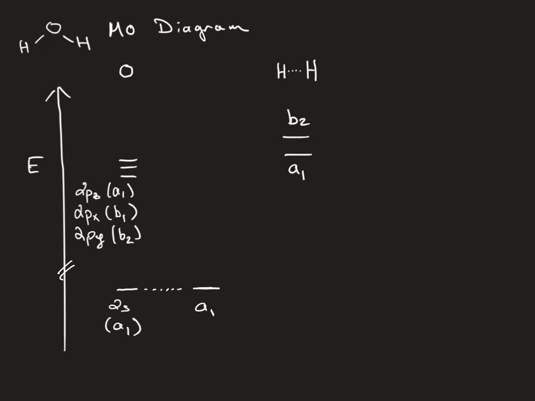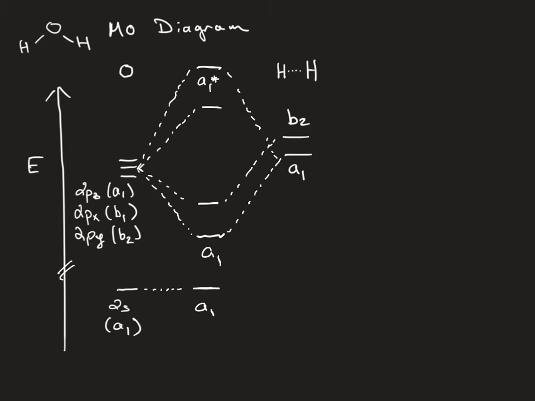We're going to overlap our pz with the A1 orbital, forming a bonding and an anti-bonding combination. We're going to overlap the B2, forming a bonding and an anti-bonding combination.